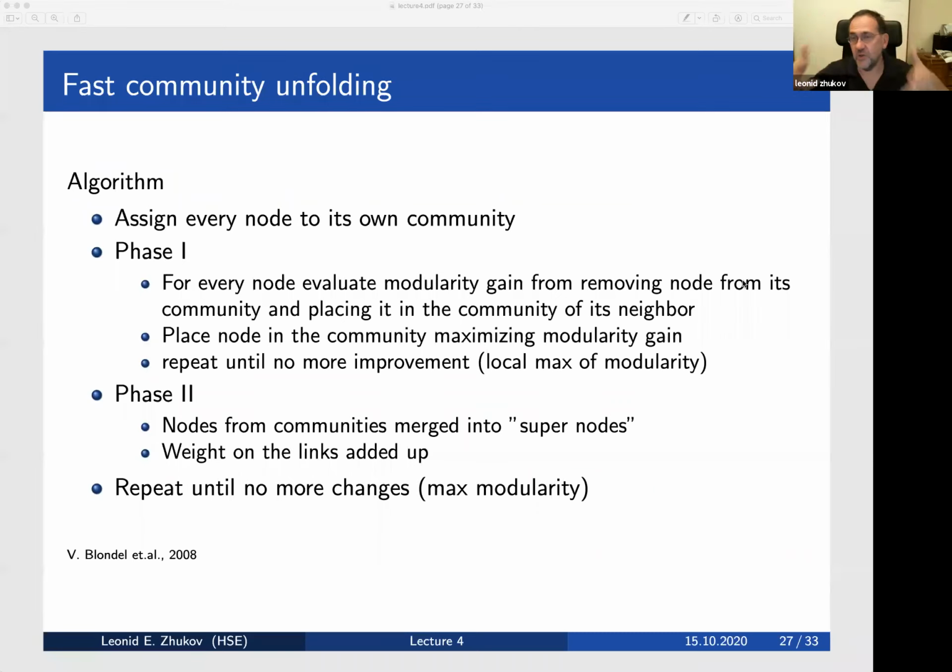So it's sort of agglomerating, right? Then we try to merge connected nodes into a community and see if this improves modularity or not. If it does, we keep that. If it does not, we don't do it. So we place a node in the community that maximizes modularity, and we just keep iterating.